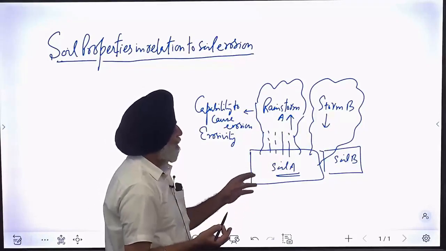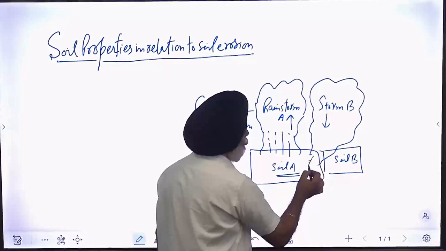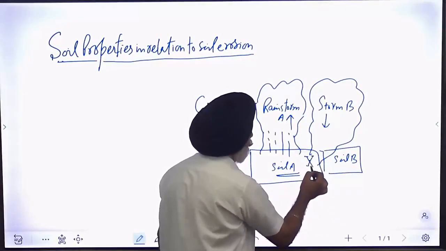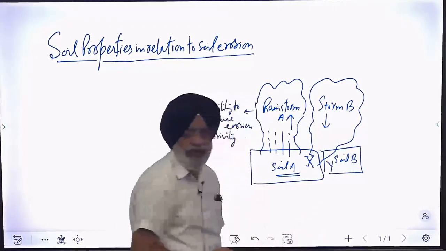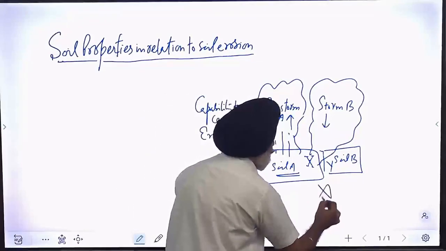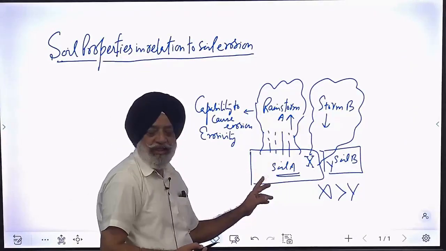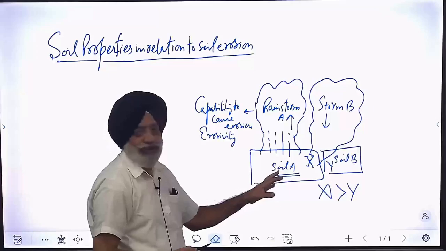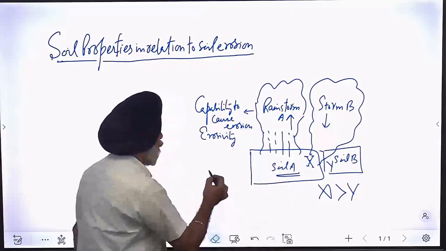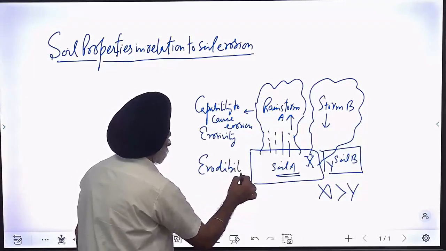But on the other hand, if the same storm B is causing erosion X at soil A and erosion Y at soil B, and X is greater than Y, this means the same storm is causing more erosion at soil A than at soil B. This is because of the difference in soil properties, what we call erodibility.